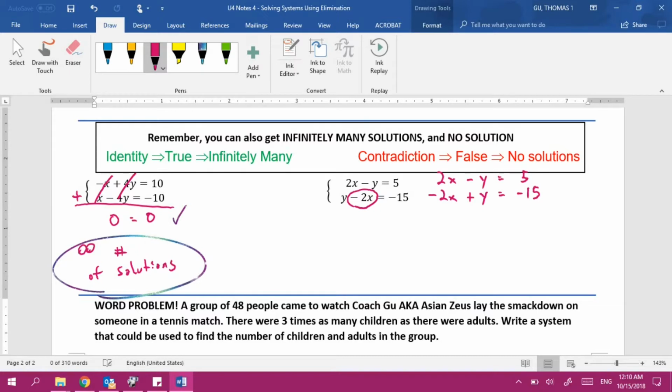If we add these two equations together now after rearranging, we're going to cancel out some of the variables. 2x plus negative 2x cancels out, gone. Negative y plus y cancels out, that's gone. So on the left side, I've got 0 equals 5 plus negative 15 is negative 10. Does 0 equal negative 10? No, it doesn't. So my answer here is going to be no solution.